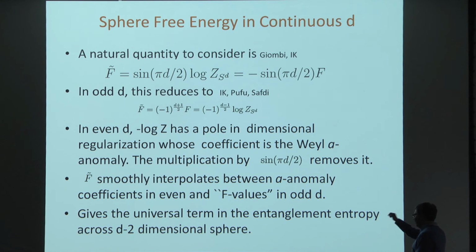Okay, so now I guess I have another half an hour. So the C is one. Let's just remember how things work in 4 dimensions. In 4 dimensions, there are 2 conformal anomaly coefficients. One is C, which is sort of bad, and the other one is A, which is sort of good.